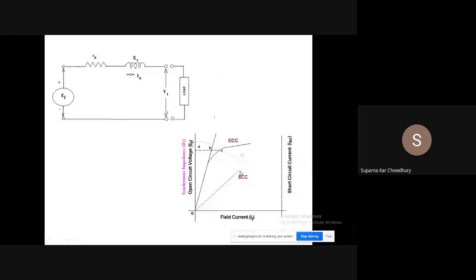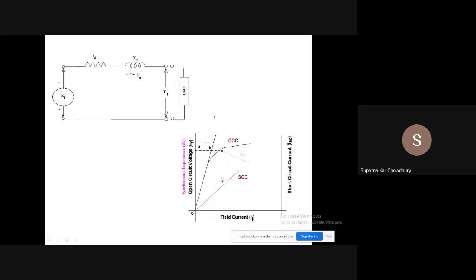Now in the per phase equivalent circuit of the synchronous machine, we have the resistance and the synchronous reactance. When we short circuit the terminal, the induced EMF divided by the short circuit current gives you the synchronous impedance. So for any particular field current, the open circuit voltage divided by the short circuit current gives you the synchronous impedance.